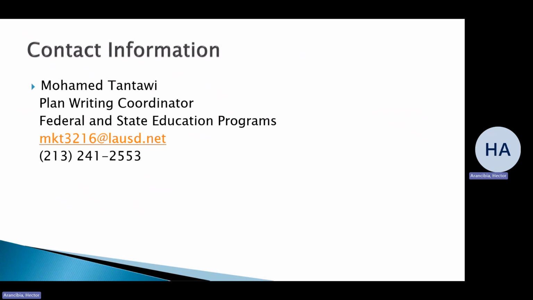If you need support with, as a school designee, creating a modification, you can contact me. My information is on this slide, and we'll be happy to schedule a one-on-one Zoom meeting with your school to walk you through the process. Likewise, for our regional reviewers, if you need support with the review and approval process, we are more than happy to meet with you and support you with that process as well.